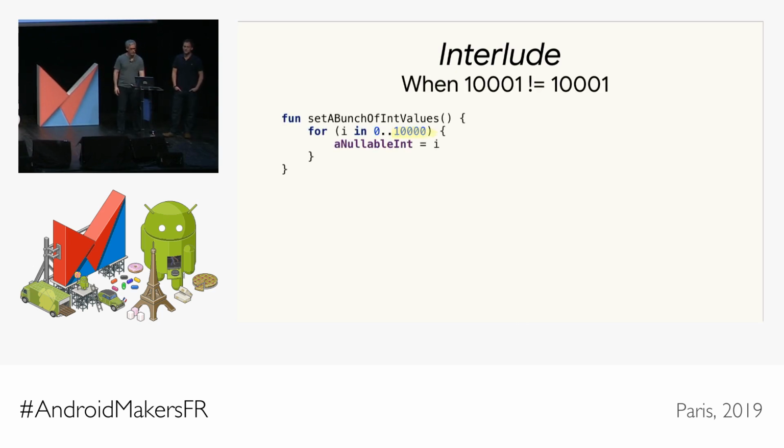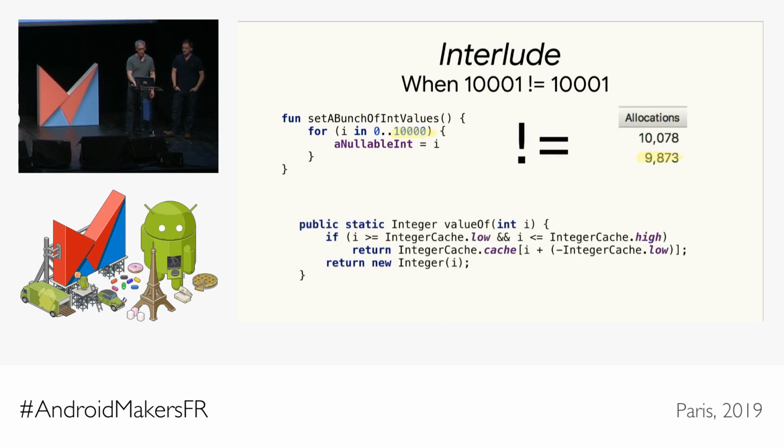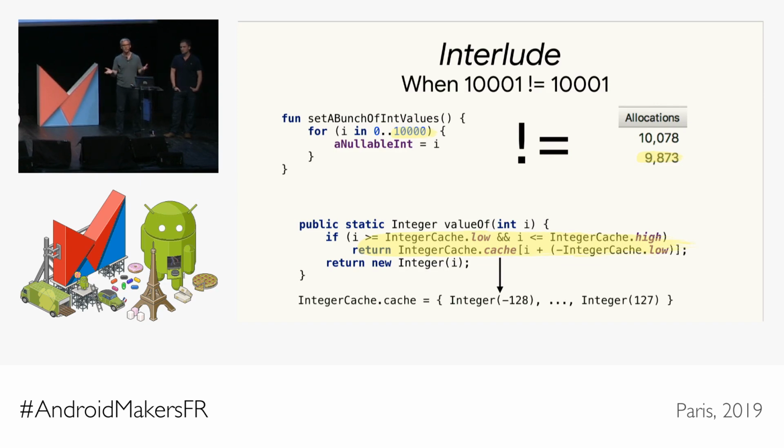So here's the tight loop that we're running in, and there's the number of allocations that were caused because of it. It turns out that the valueOf method that it calls into actually looks in a cache first. When the runtime starts up, it caches values from -128 to +127, because it knows it's going to be a very common operation for someone to want that value, so it just uses those statically throughout the runtime whenever it needs one of those.